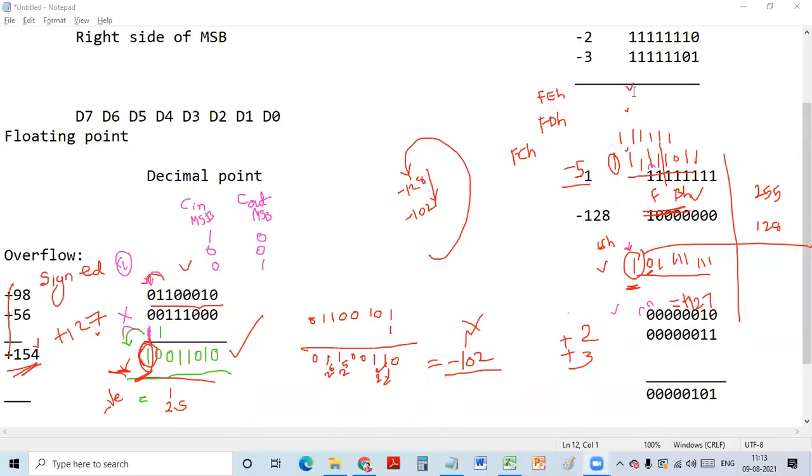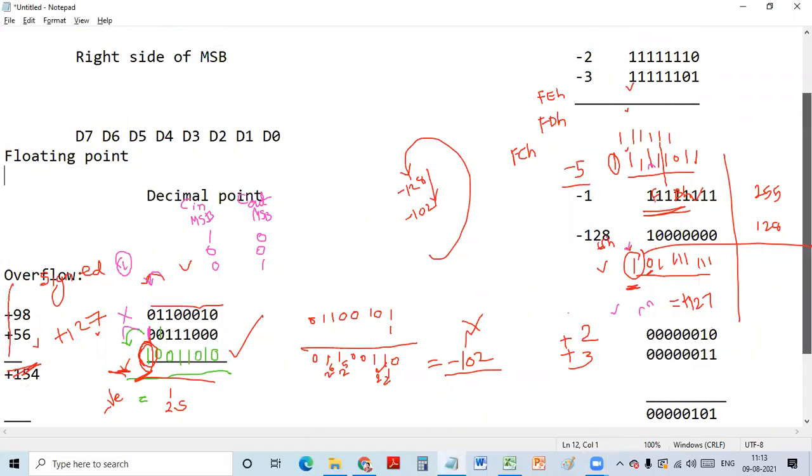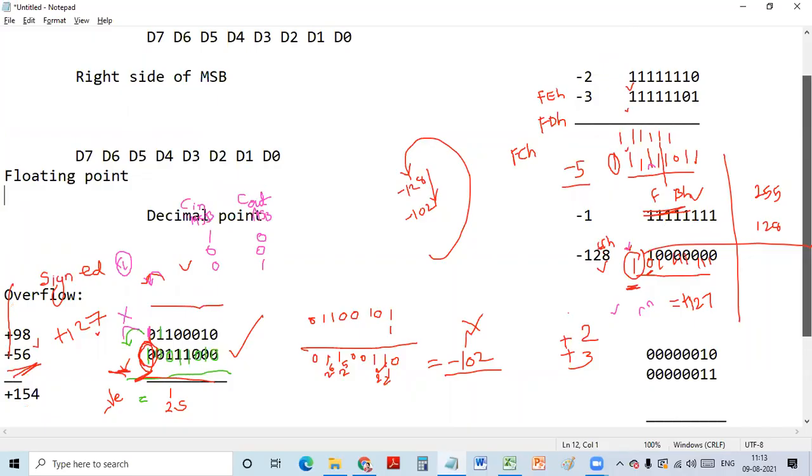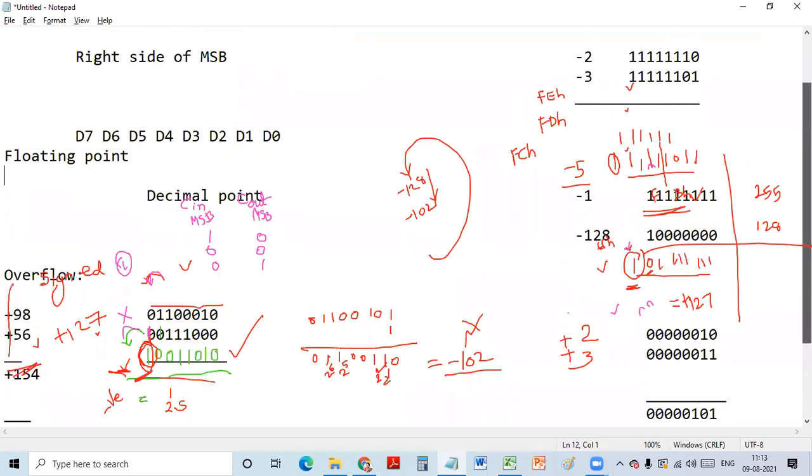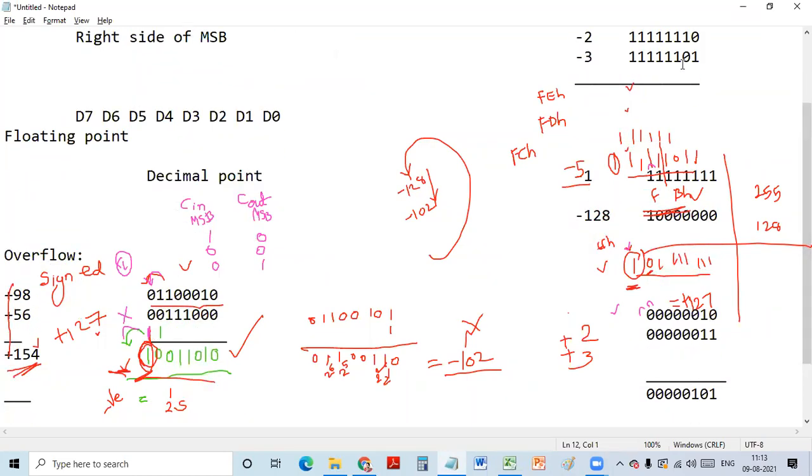What is the result? See, in -2 and -3, we got a carry into MSB as well as carry out of MSB also. Right? So we got carry into MSB and carry out of MSB.